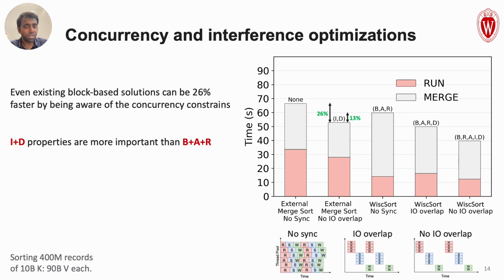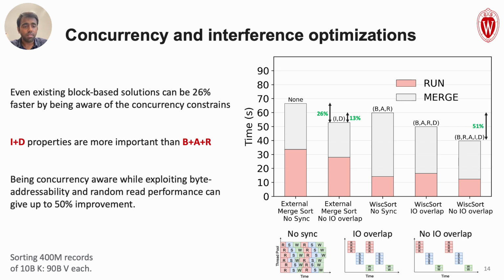Next, even more interesting is when we take WisSort no sync, which is BAR compliant, and compare it against a block-based approach that is concurrency aware. We see that the block-based approach is 13% faster than the byte-addressable approach, which is not concurrency aware, emphasizing that I and D properties are more important than the B, A, and R properties.